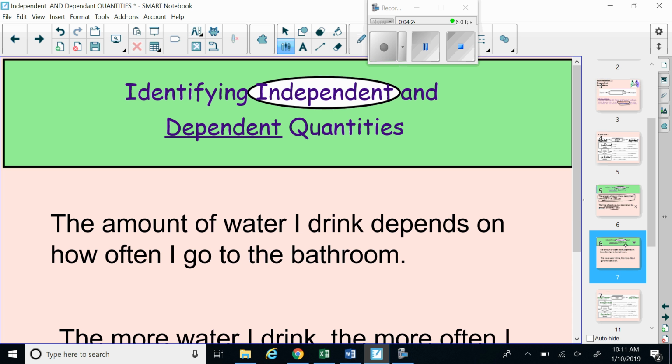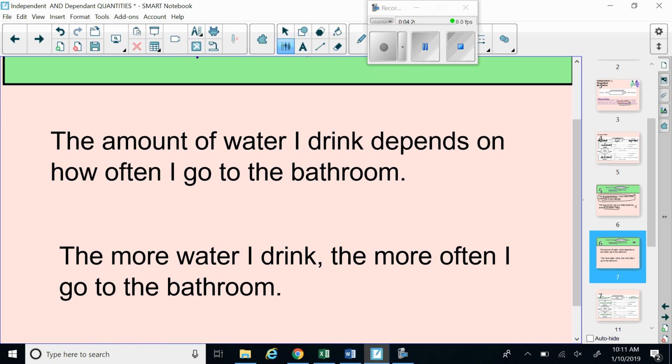Let's try it again. The amount of water I drink depends on how often I go to the bathroom. Or, the more water I drink, the more often I go to the bathroom. Which of these makes sense?